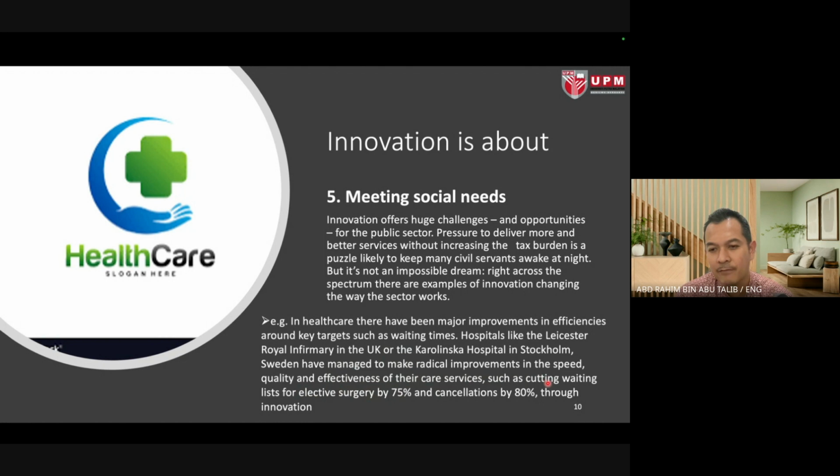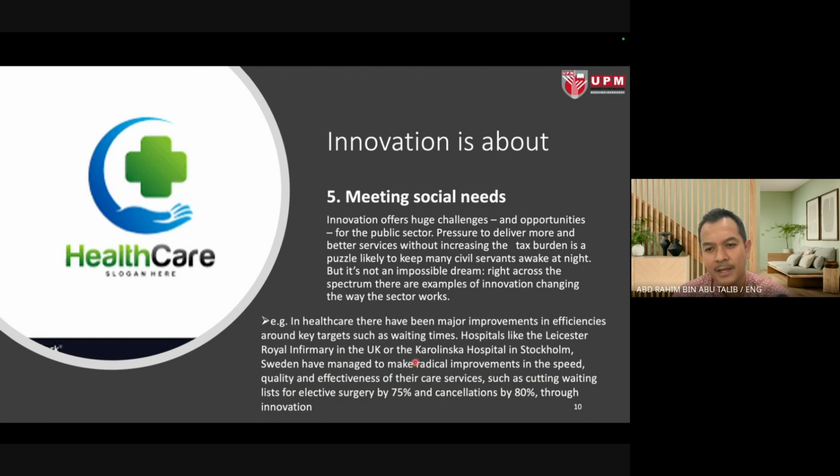This will definitely cut the waiting list for surgery or cancellations and so on, just to improve healthcare services.